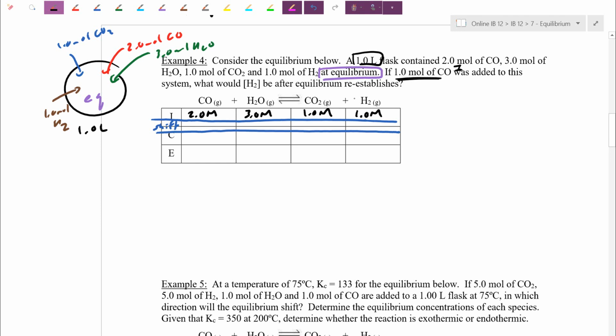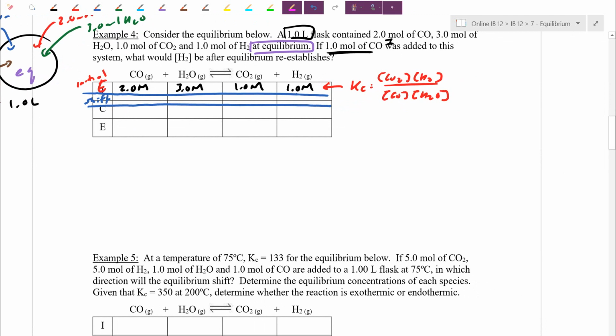You really don't need to put the unit in there, because I know going into this, it should be a concentration. Currently, this is already at equilibrium. They told you that. So this is actually our starting equilibrium, our initial equilibrium. Because we are at equilibrium, I can find my Kc value. So my Kc is products over reactants, CO2 times H2 divided by CO times H2O, right?